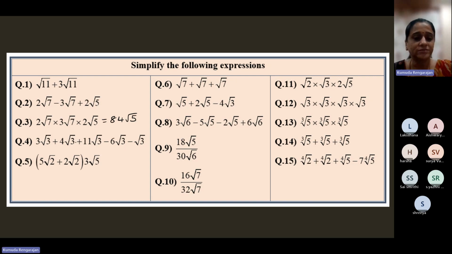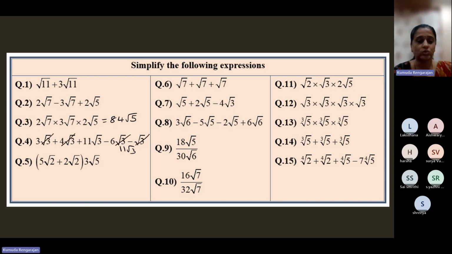Next one, Yarni. Ma'am, I got the answer, 11 root 3, ma'am. 11 root 3, yeah? Okay. So 3, 7, and minus 6, 1 and minus 1. Yeah, 11 root 3, correct. Because this is 3 root 3, 7 root 3.